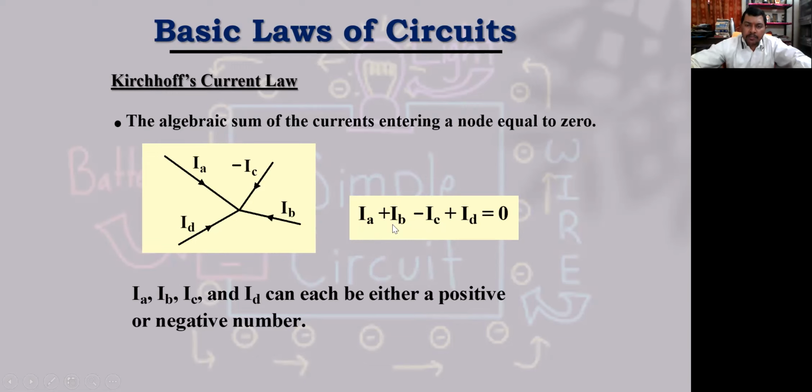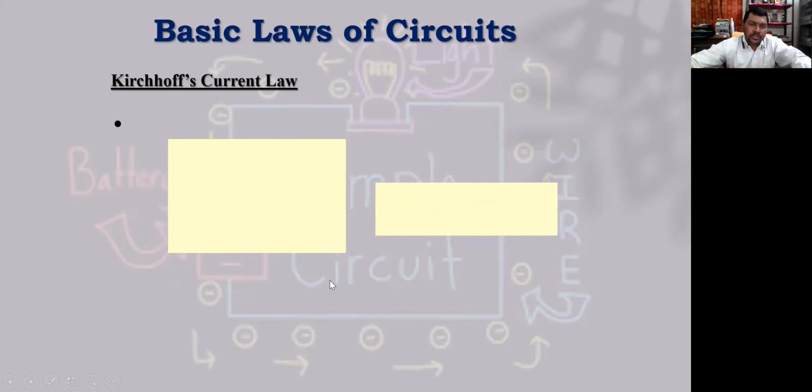So I have taken IA plus IB plus ID. Whereas IC is entering the junction, but it is minus, so I have taken it as minus. So the summation of all the currents is equal to 0. They can be positive, they can be negative as well, right? So this is Kirchhoff's current law.